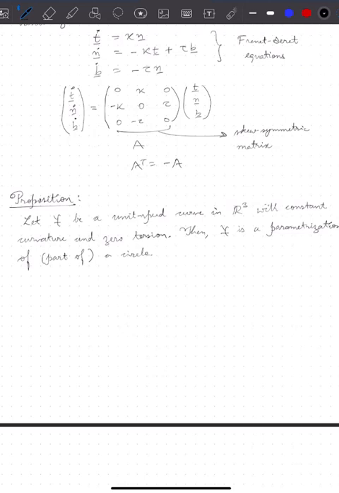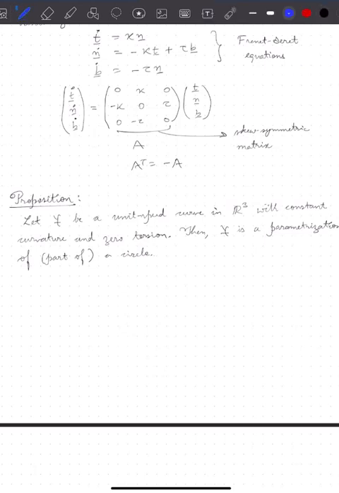So from the proposition: if gamma vector is a unit speed curve in R3 with constant curvature and zero torsion, then gamma vector is a parameterization of part of a circle.